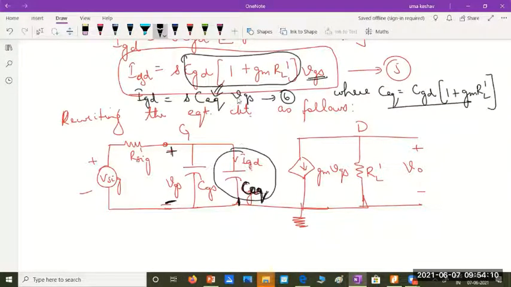That's why it justifies my replacement of the capacitance in parallel with this gate source voltage, or in parallel with the gate to source capacitance CGS.